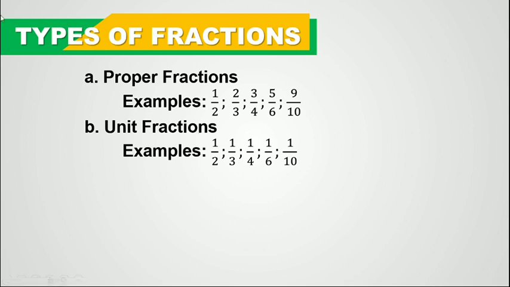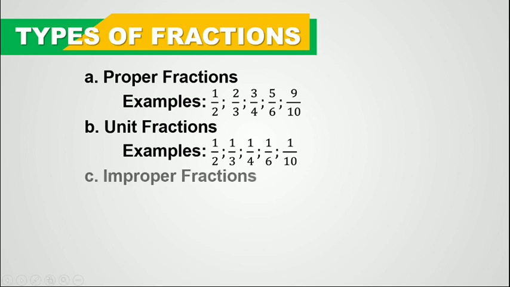If you analyze them, their numerators are lesser than the denominators, since 1 is definitely lesser than any of these numbers. But we call it a unit fraction if its numerator is 1. So 1/2 is a unit fraction, and it is also a proper fraction.